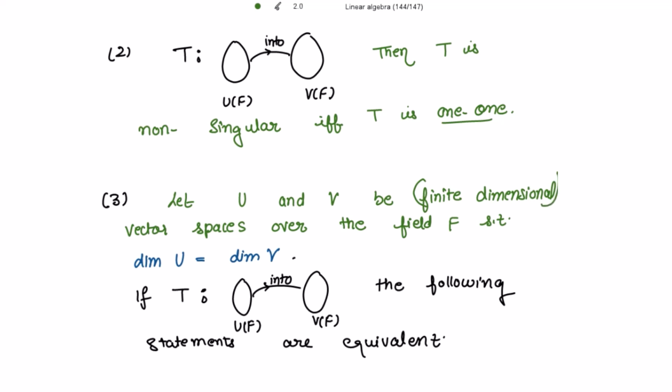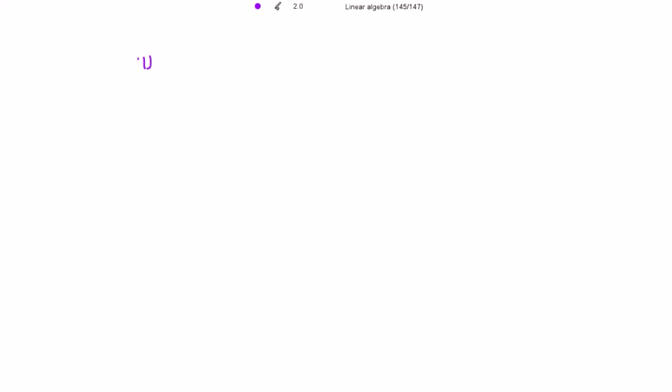Right? Okay, third one is for the finite dimensional vector spaces. Very important. Let U and V be finite dimensional vector spaces over the field F such that their dimensions are equal. If T is a linear transformation from U into V, then the following statements are equivalent. First, T is invertible. Second, T is non-singular.